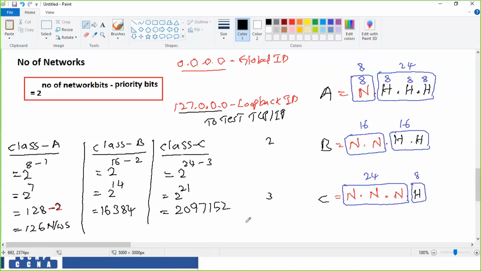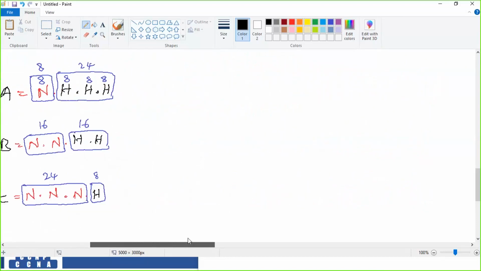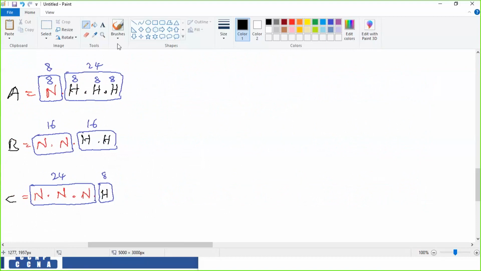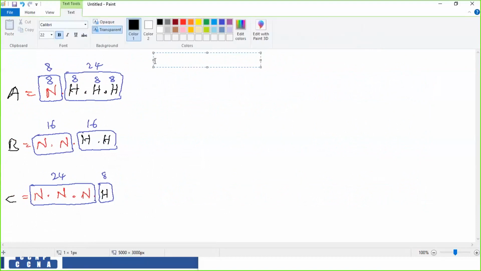Similarly, we need to calculate the number of hosts in each class. Let's continue with the number of host calculation.